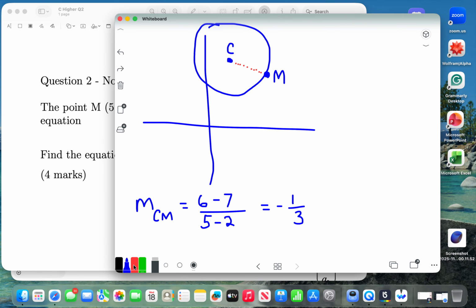Now we have the tangent, and this is the tangent at the point M. You'll notice that this radius and the tangent are perpendicular by definition of a tangent. So the radius CM and the tangent are perpendicular, so the gradients must multiply to make -1.